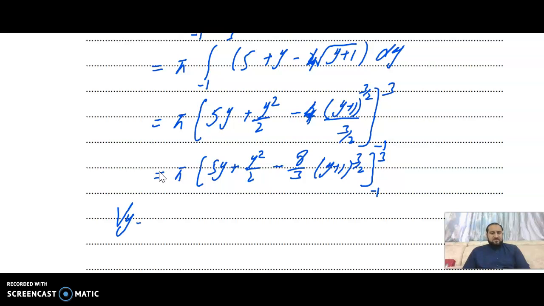So now we need to apply the limit, which is upper limit minus lower limit. So if we apply the upper limit, we have to apply 3 into it.